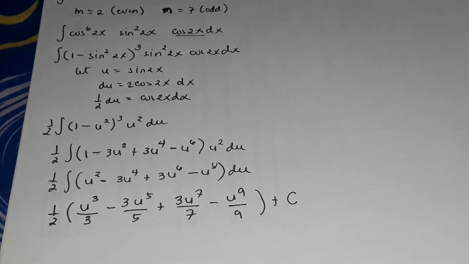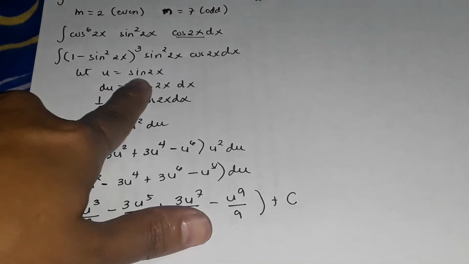Okay? And then finally, we only need to introduce 1/2 to each term here, and then replace u by sine 2x.